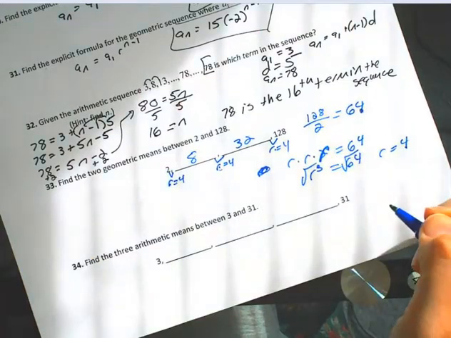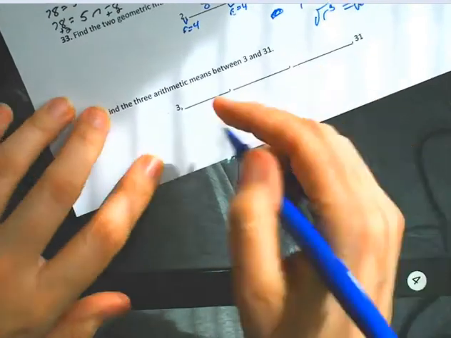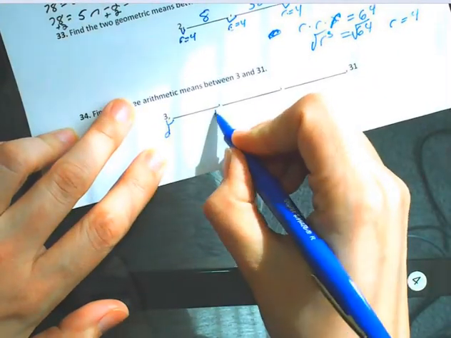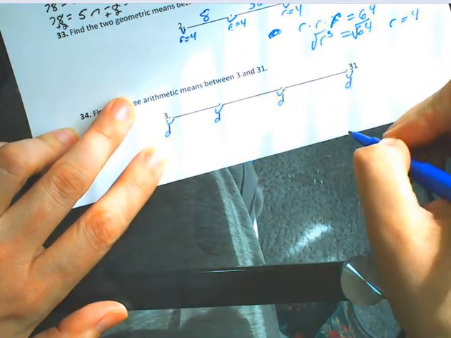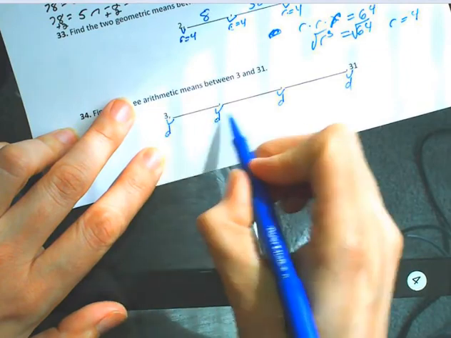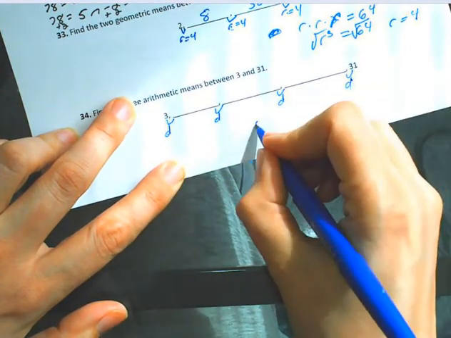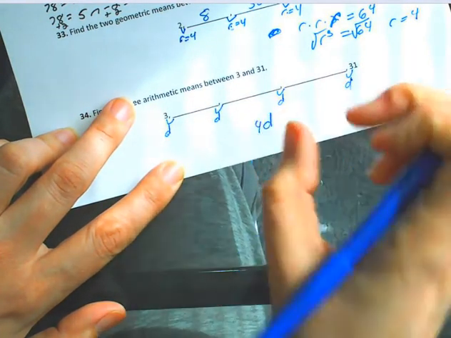All right, and then we could do the same thing with the arithmetic mean. There's no formulas for this. So I'm looking, what did I add here? What did I add here? What did I add here? What did I add here? I'm adding something 1, 2, 3, 4 times. So d plus d plus d plus d is 4d, because that has to be split evenly since it's a common difference.